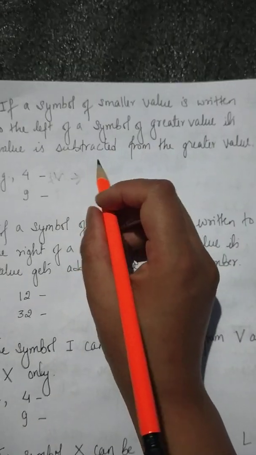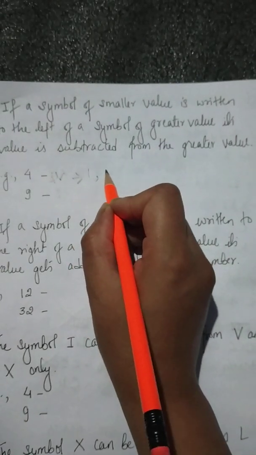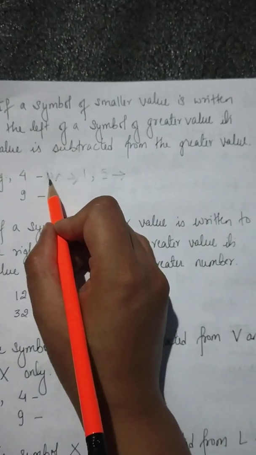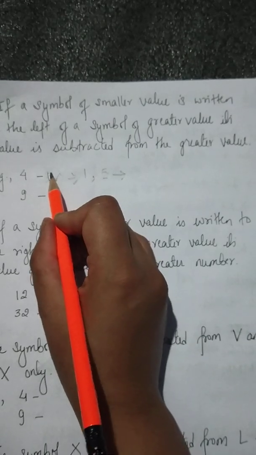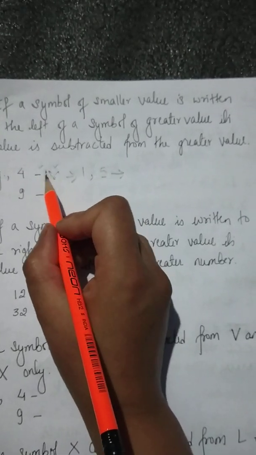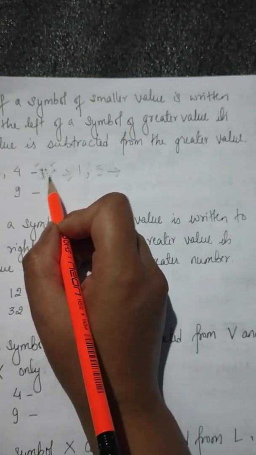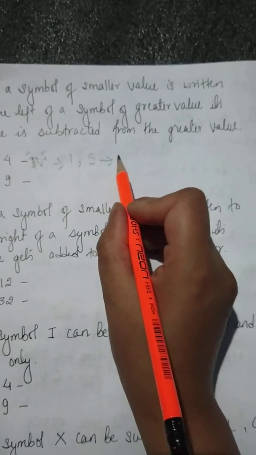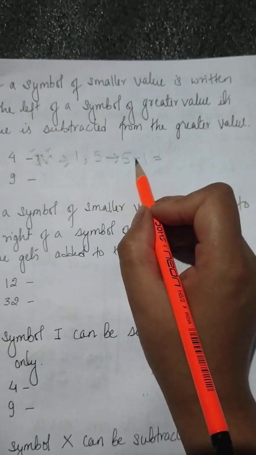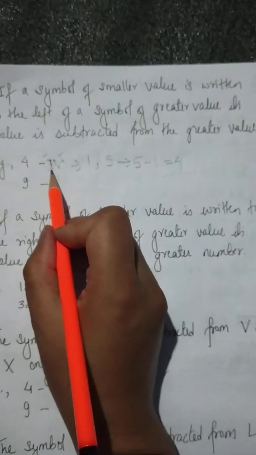Now see, according to this rule, I is 1 and V is 5. So whenever you have a smaller symbol to the left of the greater symbol, here 5 is greater and 1 is smaller, so the smaller symbol is to the left of the greater symbol, right? So in such cases we have to subtract the smaller number from the greater number. That is why 5 minus 1 gives you 4. So the symbol for 4 becomes IV.